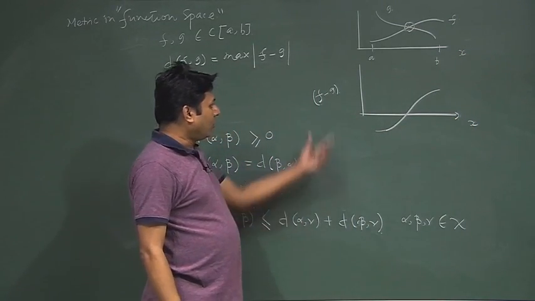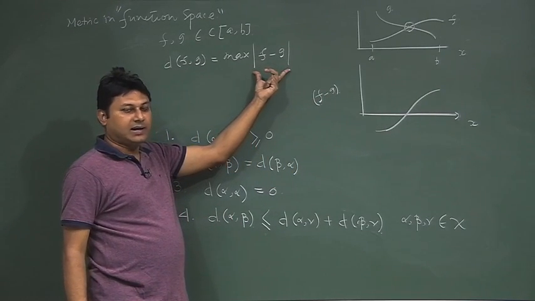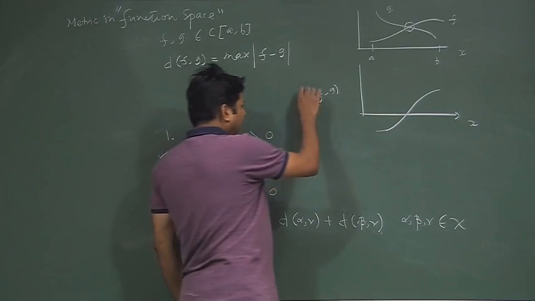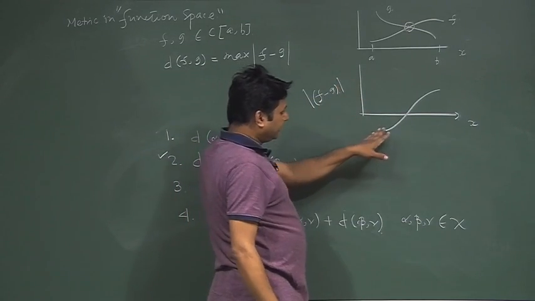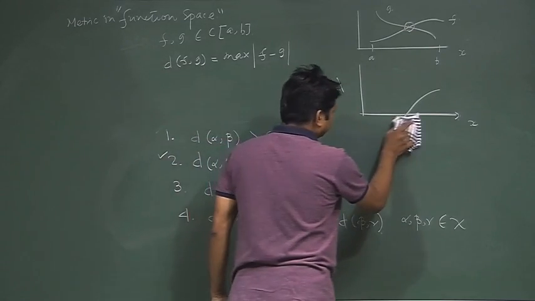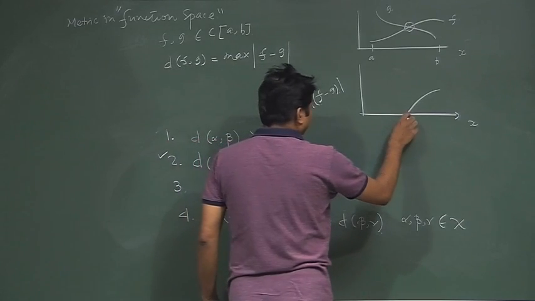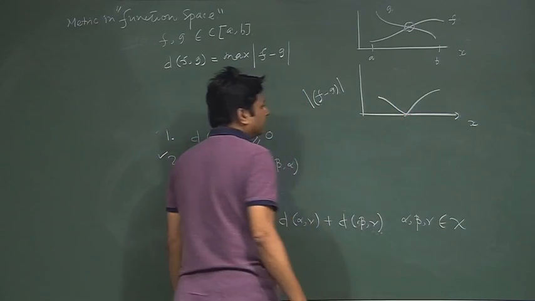Okay. Now, what the definition suggests, I need to plot the mod of that thing and maxima. So, mod of that thing if I plot, then what happened, these negative things will flip and go to the upper side, because I am plotting the mod of these things. So, it will flip and go to the upper side, fine.